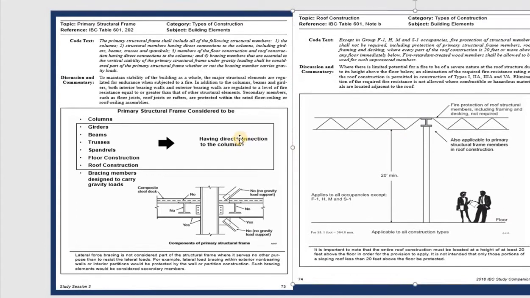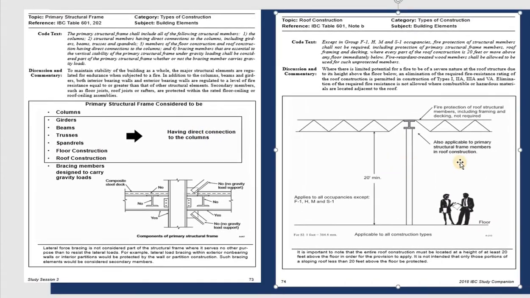On the second one, you can see right here some commercial buildings, especially Groups F1, H, M, and S1. Just a friendly reminder: F stands for factory, H stands for hazard, M for mercantile, and S for storage.